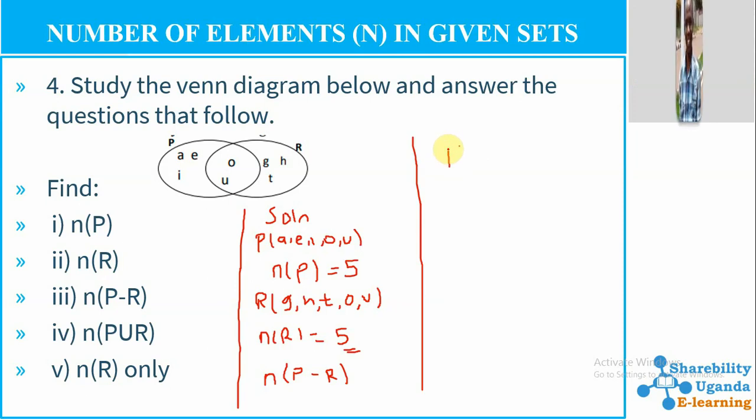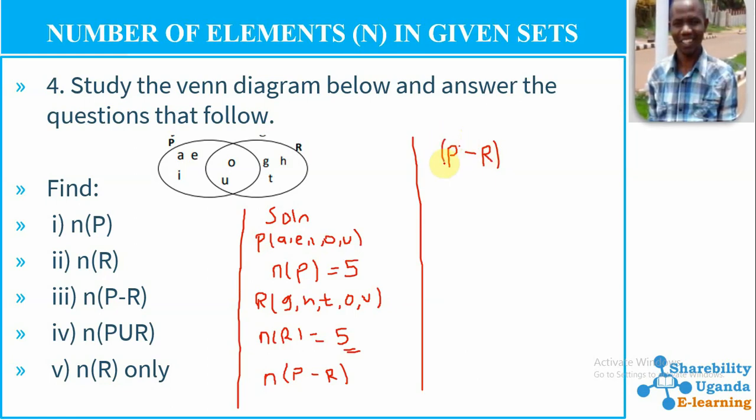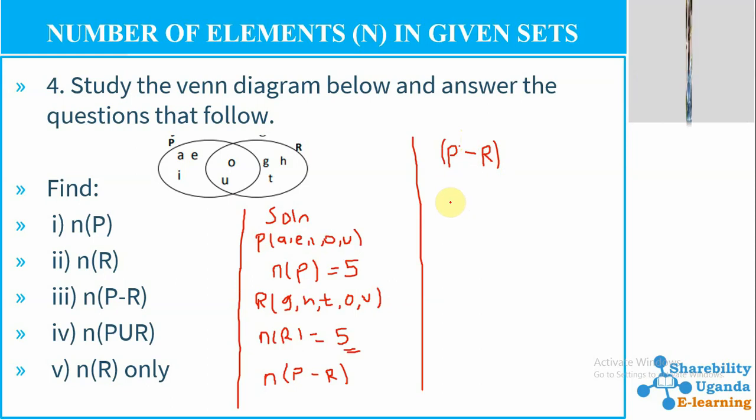We shall first get the members of P minus R. We should use this part of the intersection.